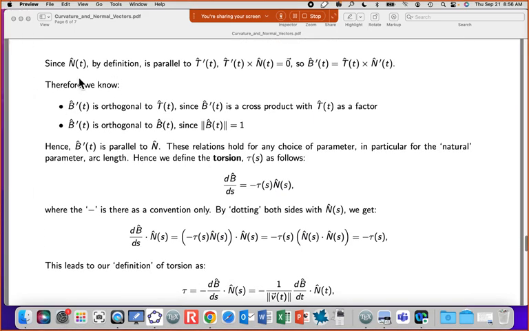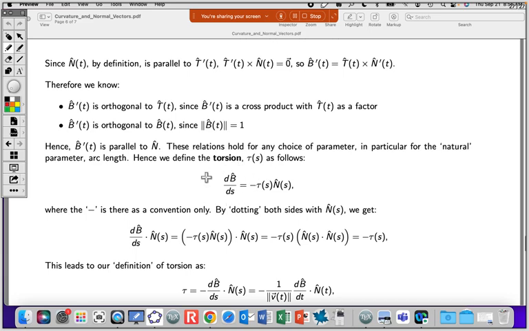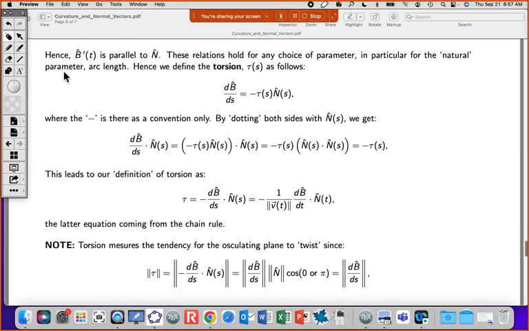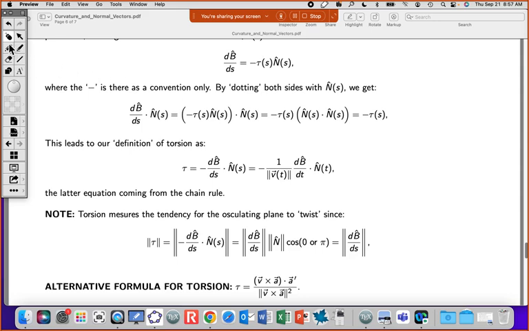And so we switch back to the arc length parameter because that's the natural parameter, and this is how we define the torsion. And the negative sign there is for convention. But the torsion measures the twistiness of the curve. All right. And so this is how we define torsion.